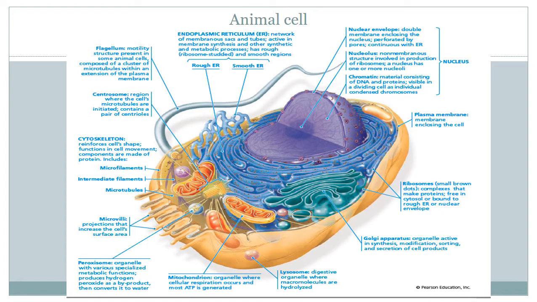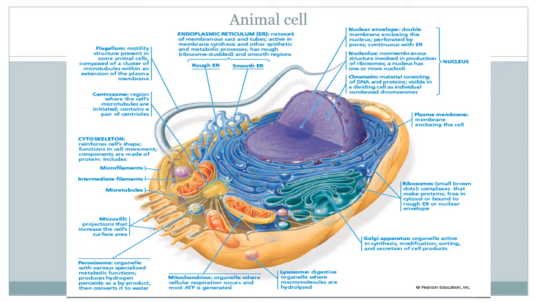And then the centrosome, the region where the cell's microtubules are initiated. It contains a pair of centrioles which are involved in cell division, and flagellum, a motility structure present in some animal cells only.